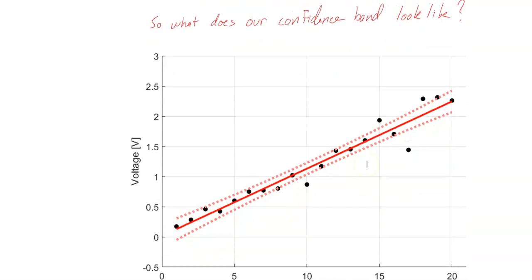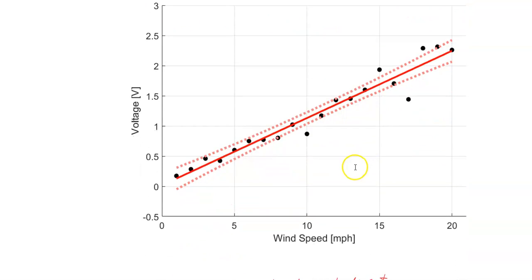So what does that actually look like? So here we show that. Here's our fit with our calibration points in black, and then these lighter red dashed lines represent this 95% confidence interval on the fit, right? So this is not the 95% confidence interval where we would expect a new point to lie if we were to say calibrate at 15.5 miles per hour.